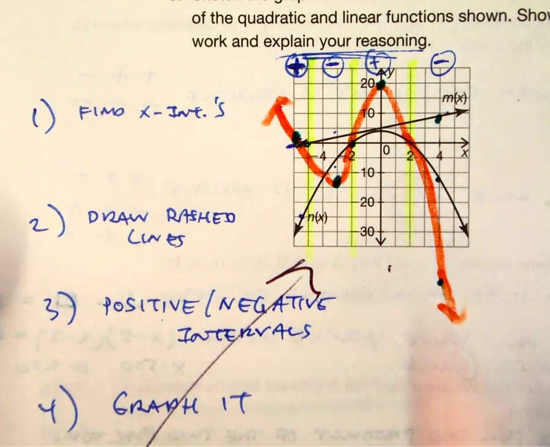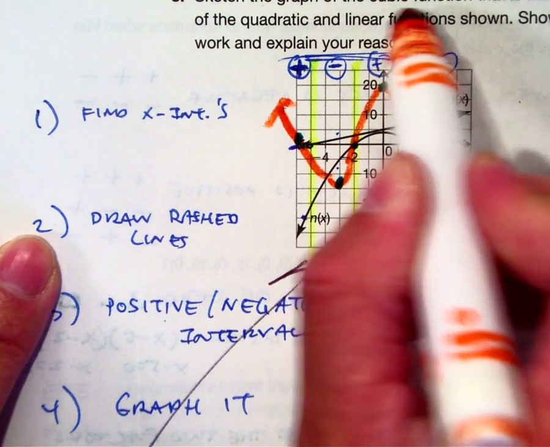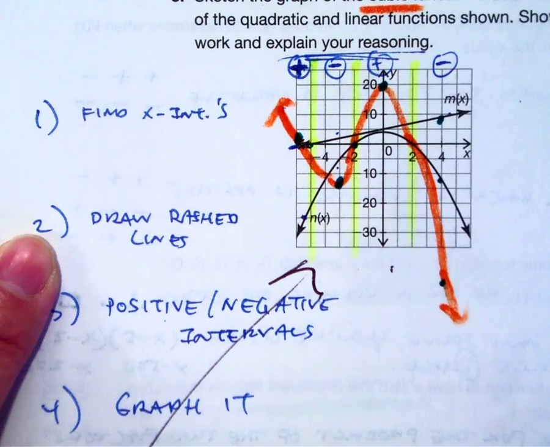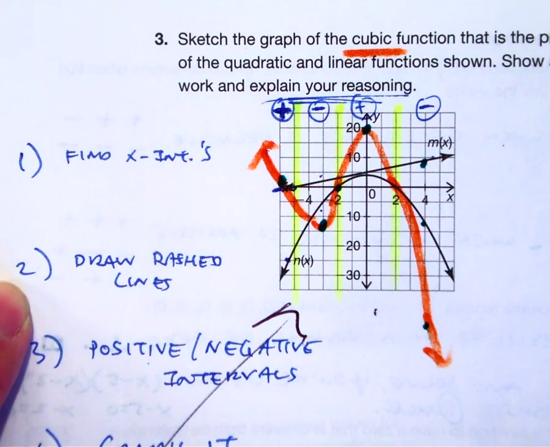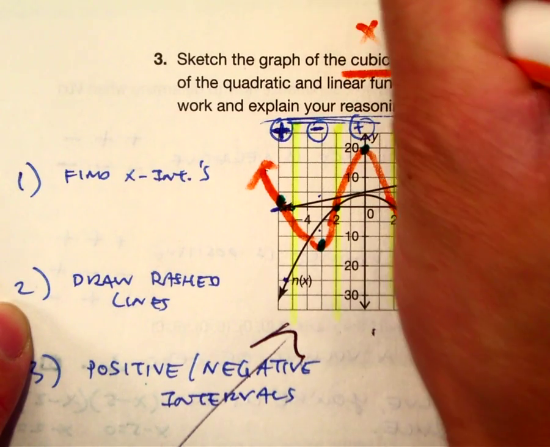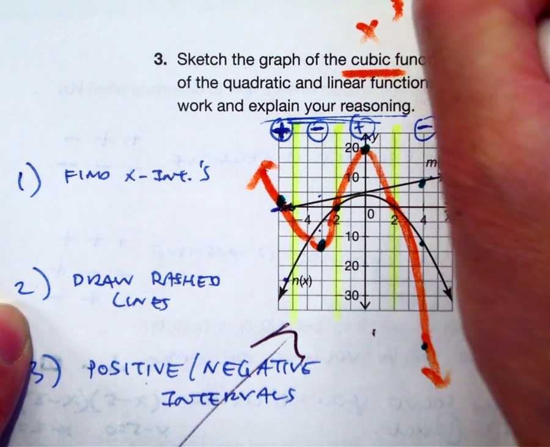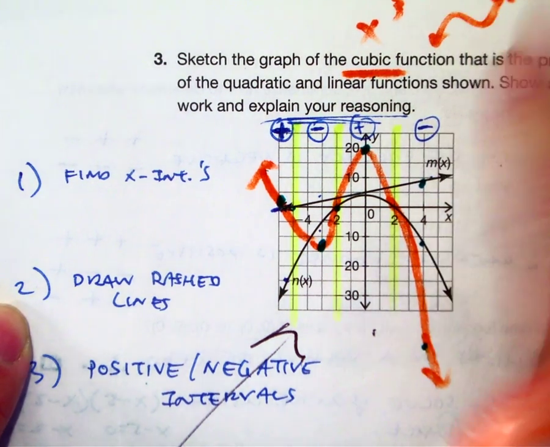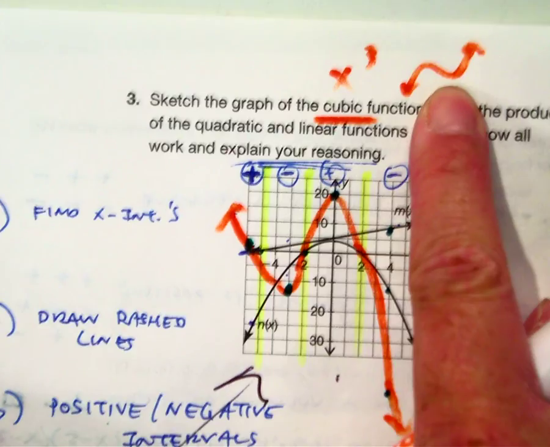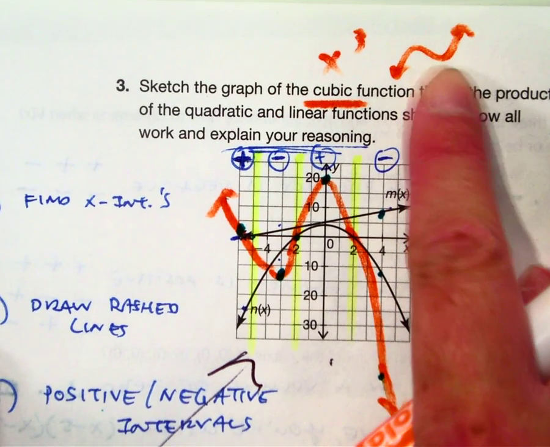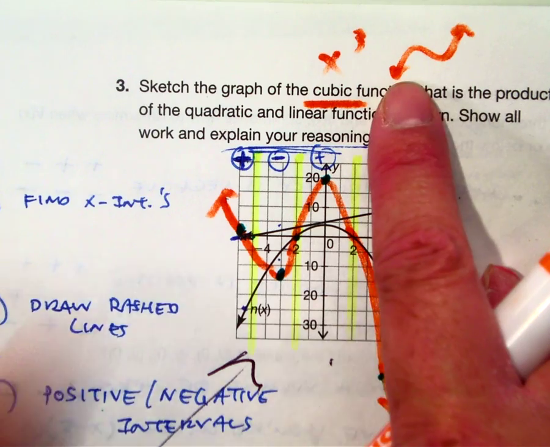Now let's see if that matches, because it says graph the cubic function. Well, cubic is an odd function, right? Odds start down and up. So a couple of hints is that I know that, well, it's cubic, but it's switched around, right?